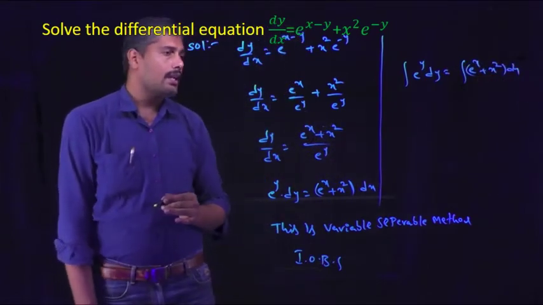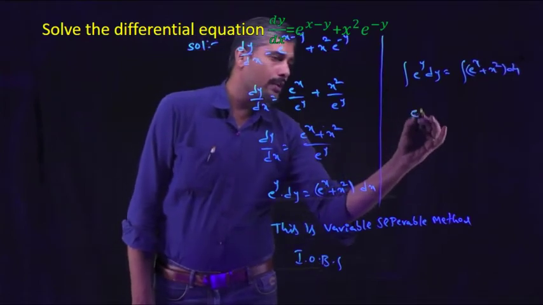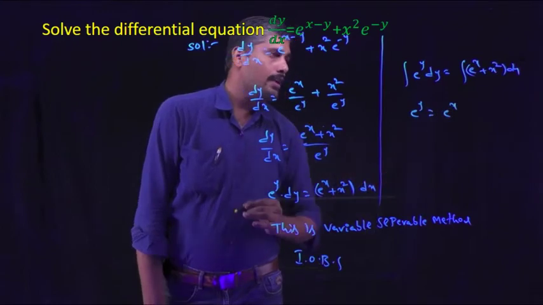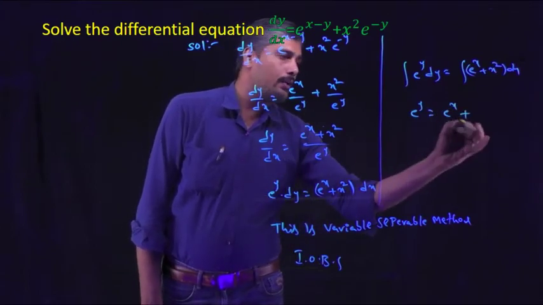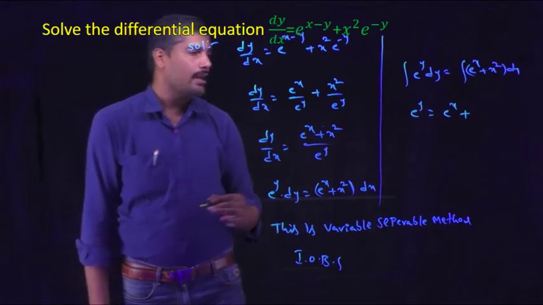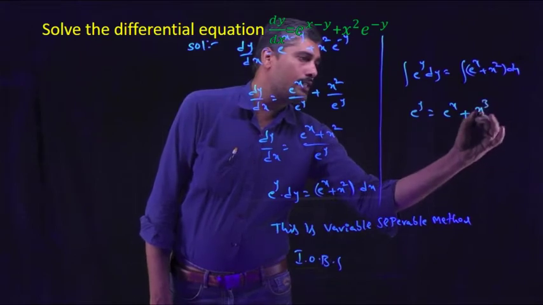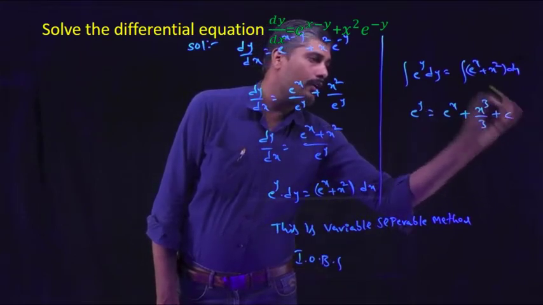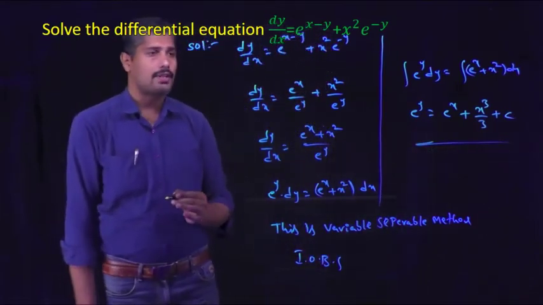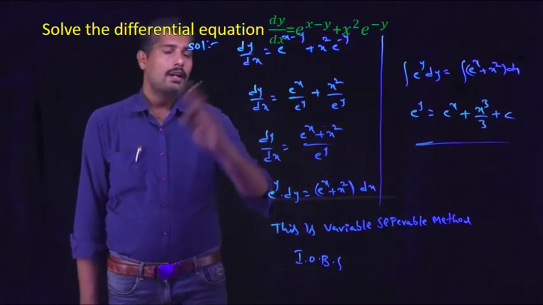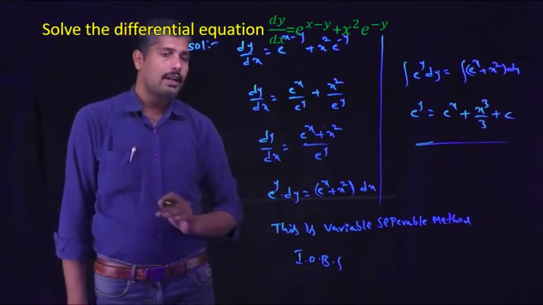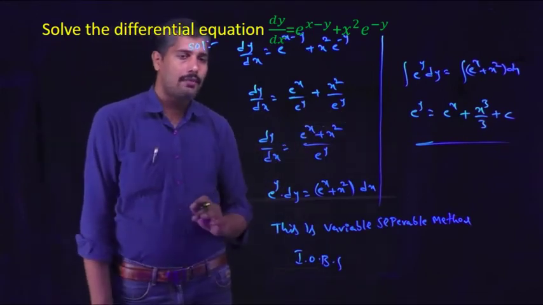We know that the integral of e^y is e^y, the integral of e^x is e^x, plus the integral of x^2 is x^3/3. We know that the integral of x^n is x^(n+1)/(n+1). We take the arbitrary constant as c. That is the solution of the given differential equation. Just take the x terms on one side and the y terms on the other side, then integrate on both sides, and we get the solution.